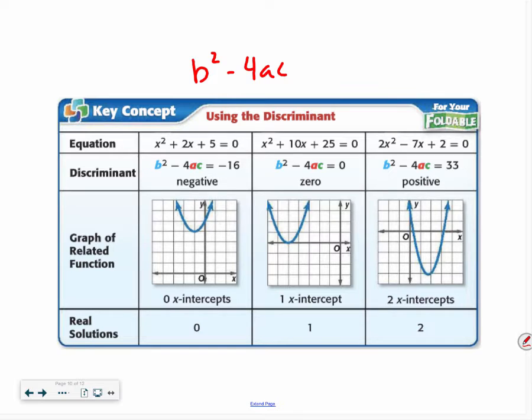And if you get a negative answer, if b squared minus 4ac is negative, you end up with 0 intercepts. If b squared minus 4ac ends up equaling 0, that means it touches the x-axis once. If you end up with a positive number after doing b squared minus 4ac, that means you have 2 x-intercepts.